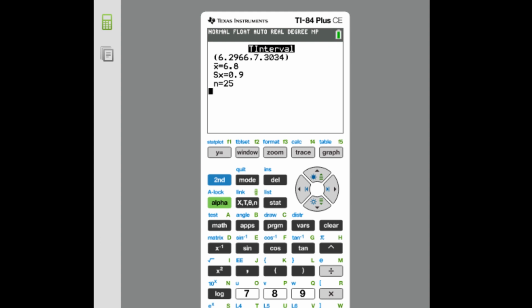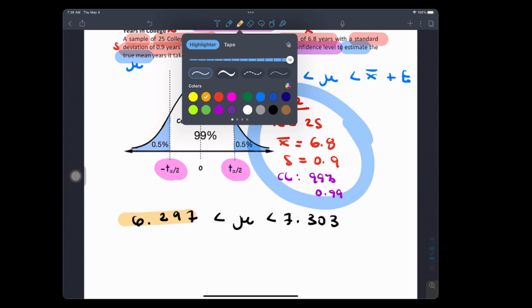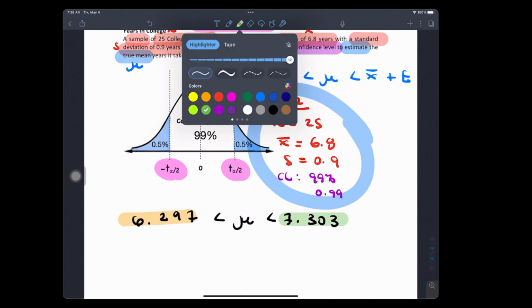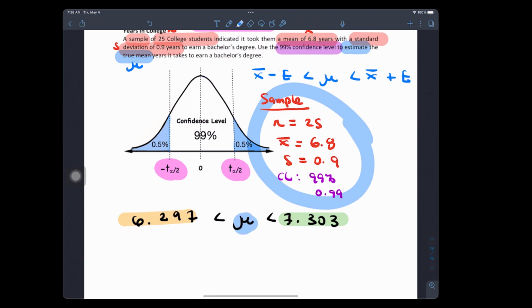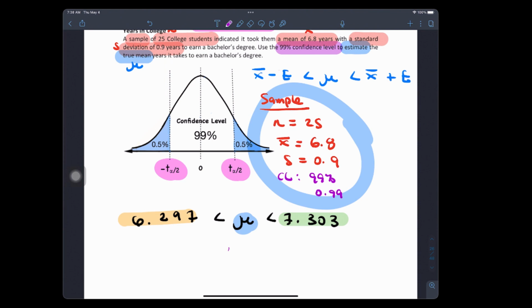I can illustrate to you guys why. Ladies and gentlemen, you got the lower bound value and the upper bound value. We're estimating the true mean, which is mu, and I want to reiterate this: we can say this with 99% confidence. What does that mean?